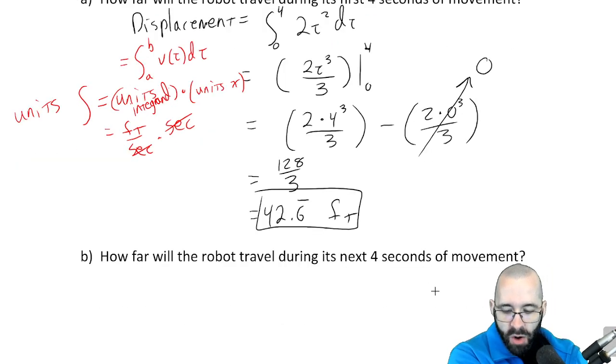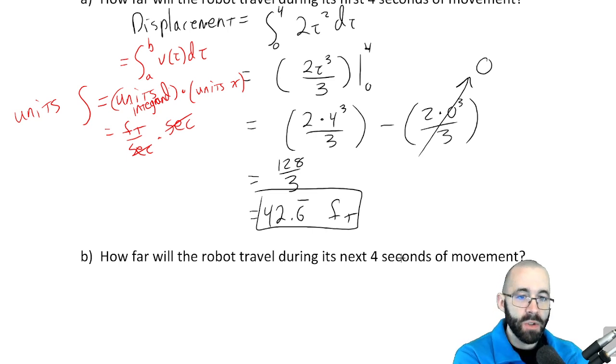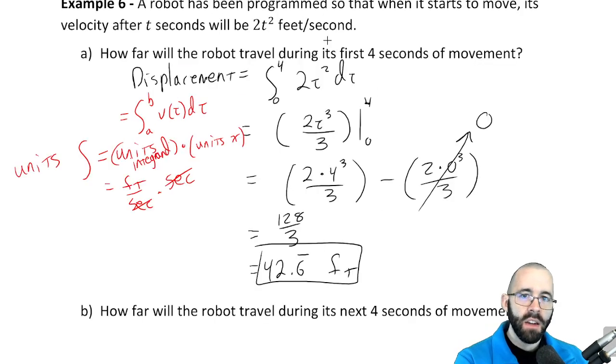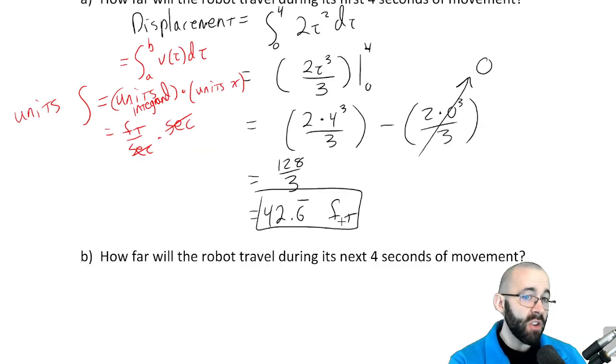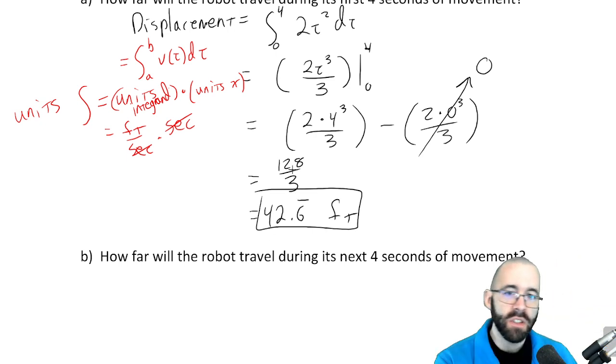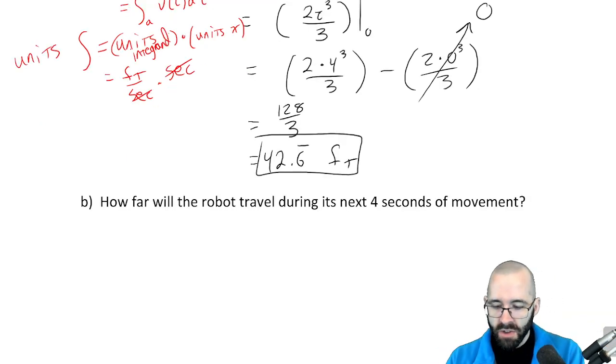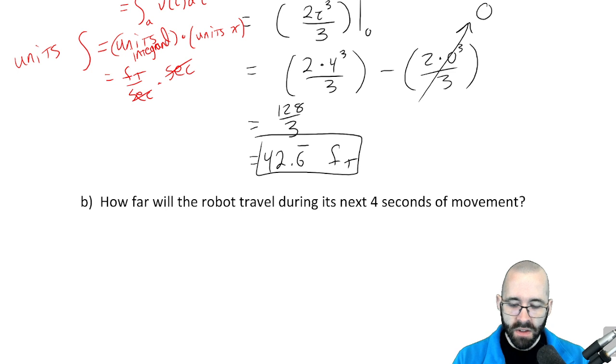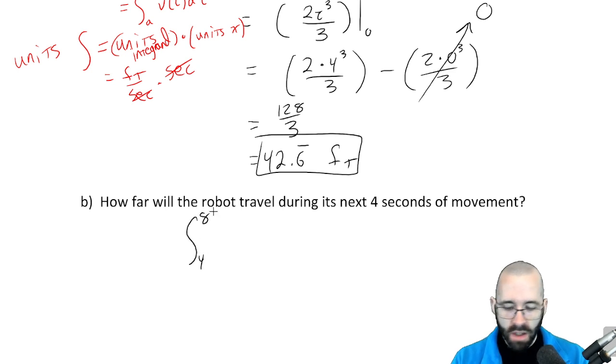Letter B says, how far will the robot travel during its next 4 seconds? Well, it's accelerating with a parabola as its velocity. So we should expect it to go much further in the next 4 seconds. Really speeding up. So the first 4 was from 0 to 4. The second 4 is going to be from 4 to 8.